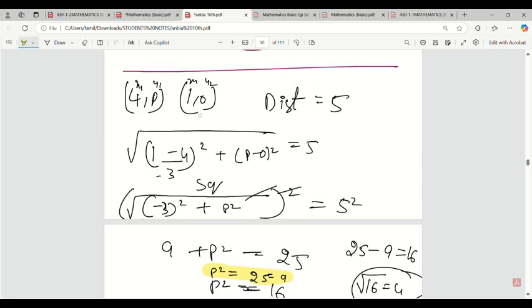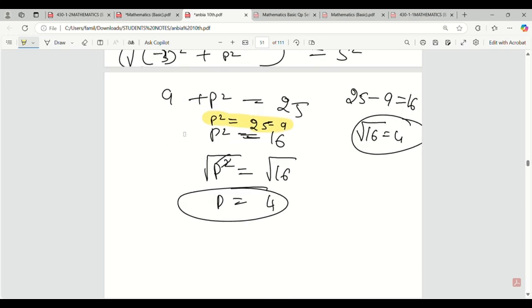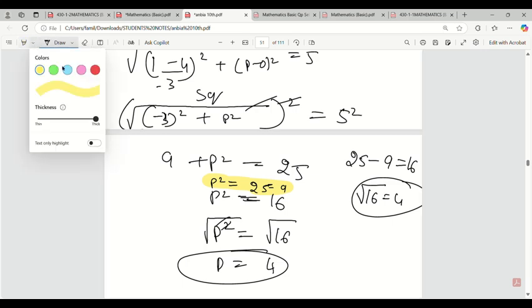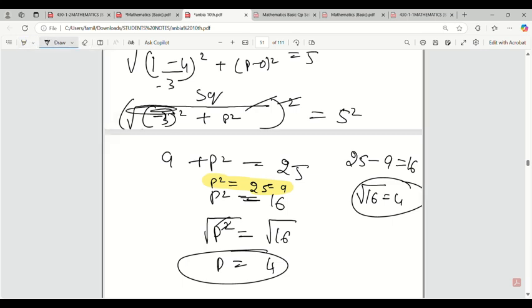Okay, to verify your answer, substitute p here. So 5 minus 0, 5 square is 25; 3 square is 9 plus 16 gives 25. Minus 3 square plus 4 square.